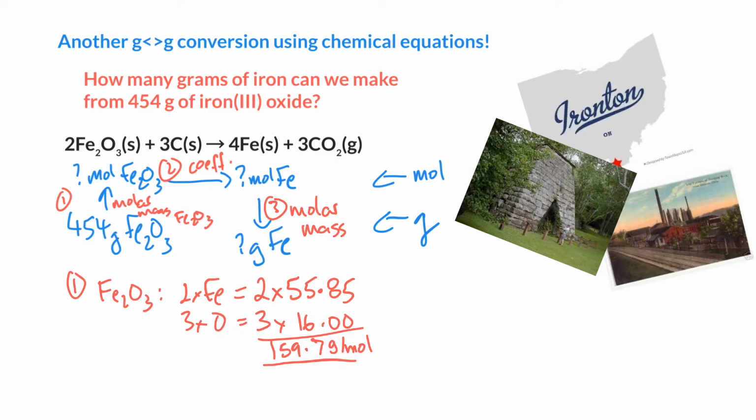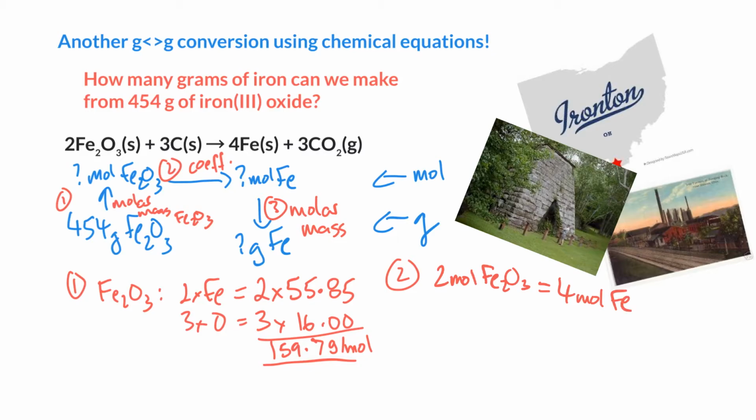Step number 2 is going to involve some fingers. So let's whip out our fingers. So there's iron and iron there, and iron oxide here. So that is 2 to 4. So let's take that ratio. 2 moles of iron 3 oxide begets 4 moles of iron.